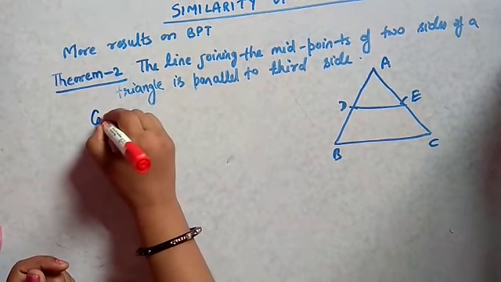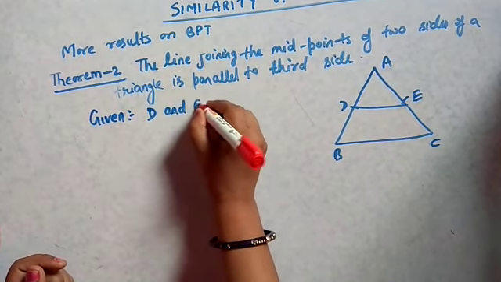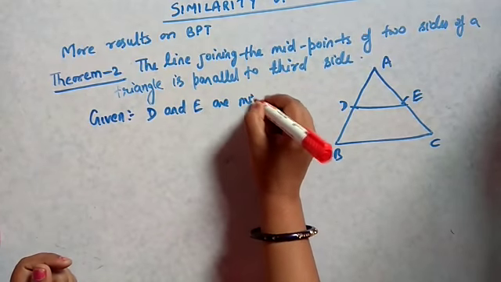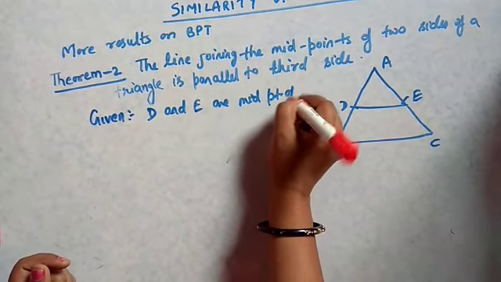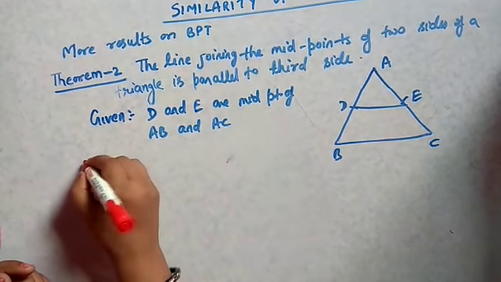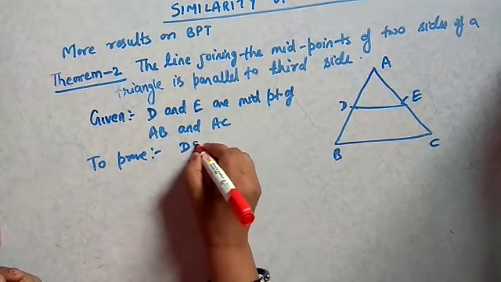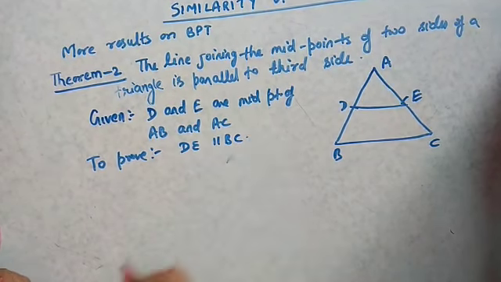So here it is given that D and E are midpoints of AB and AC, and we have to prove that DE is parallel to BC.